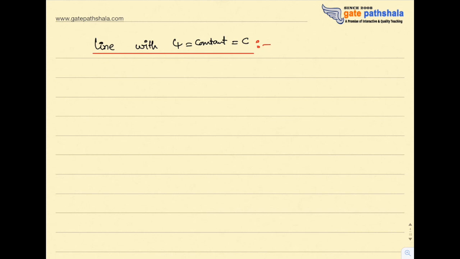Fine. Let's go ahead. If along that line psi is equals to constant, that is, I can say d psi equals to 0, giving dou psi by dou x.